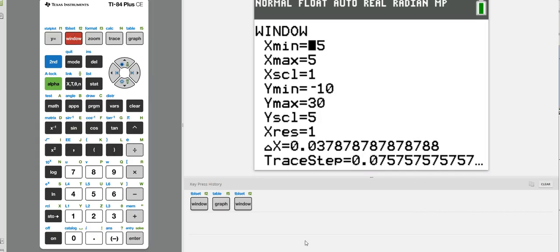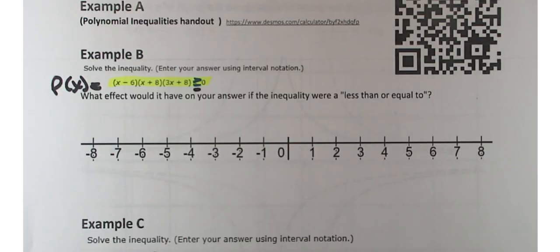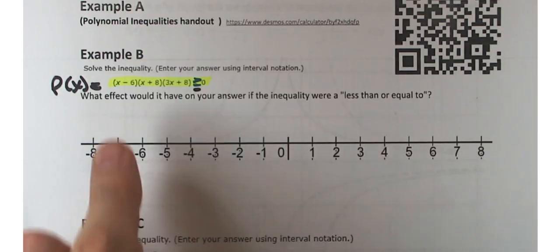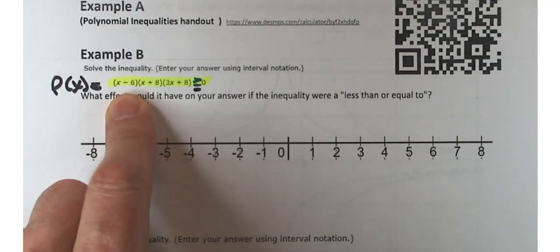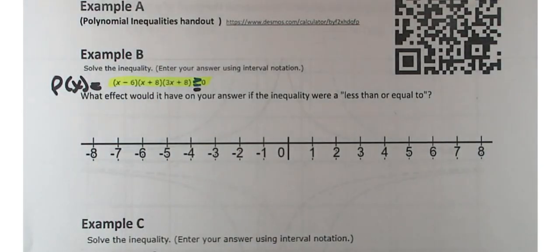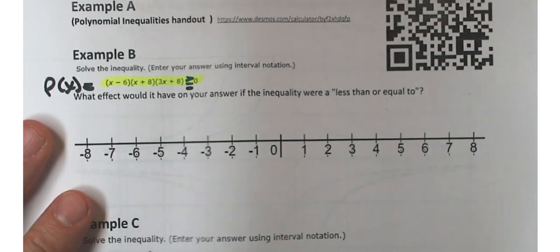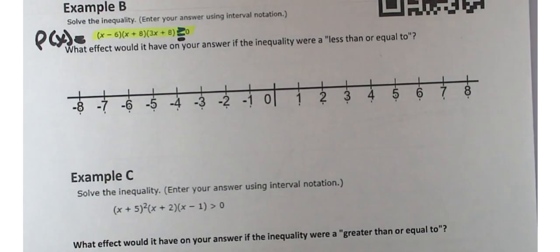In fact, one of the things you might notice is that some of the important points are going to be where this inequality actually equals 0. So let's look at those points. Where does this actually equal 0? Let's find those places, and then we'll see what else we can do in terms of solving this.